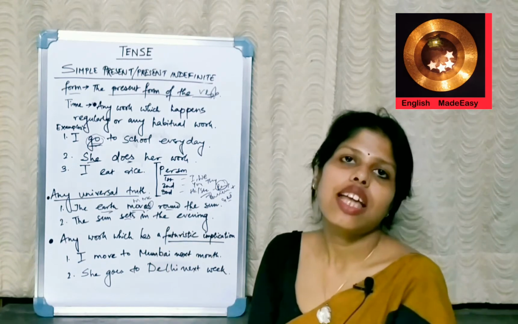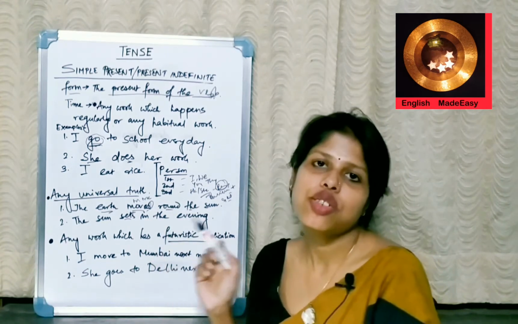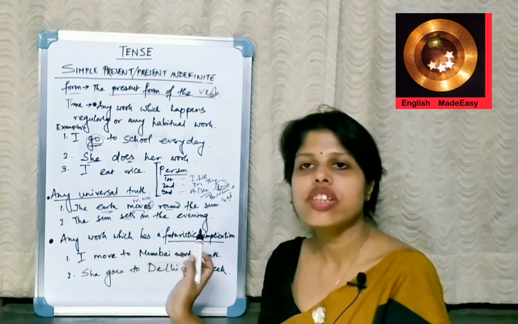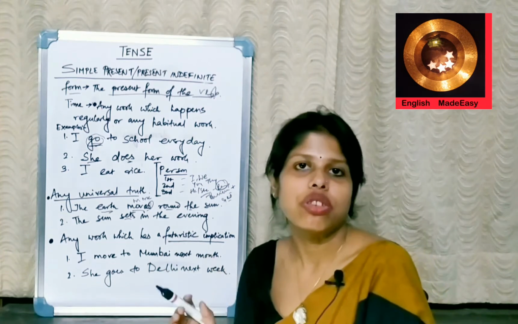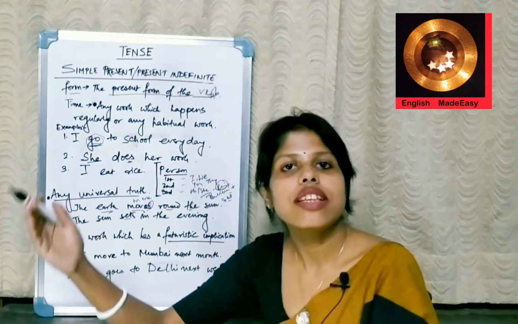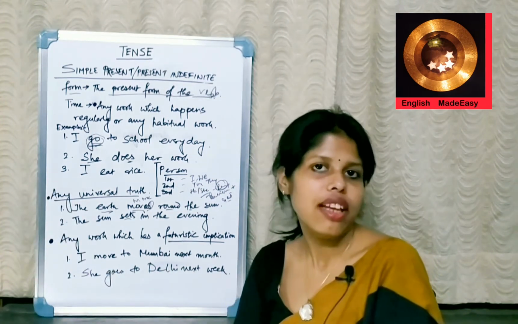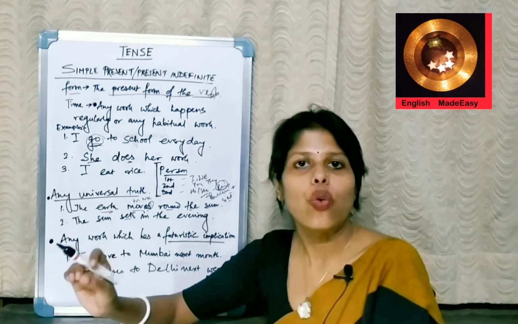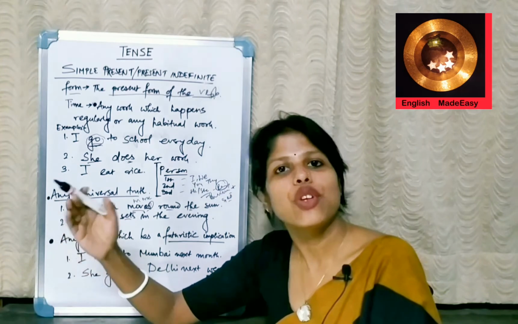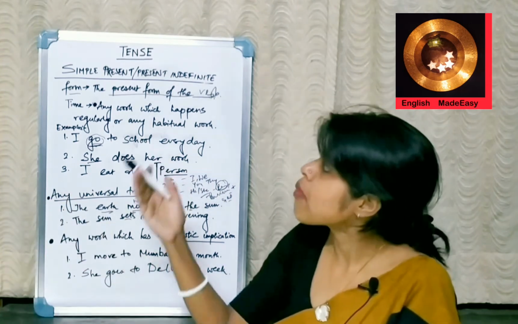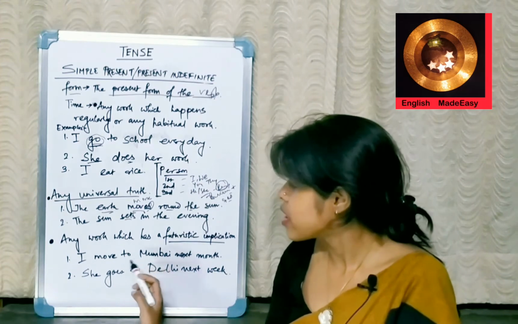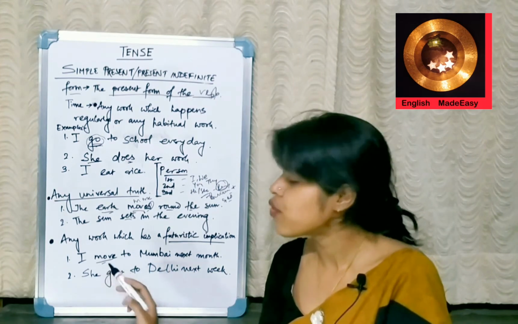The third application of simple present tense is any work which has a futuristic implication, any work that we will do in the future. For an example, I will go to Mumbai next month. Will go falls under future tense. But how am I going to use it in simple present tense? I am going to use it by only using the present form of the verb.